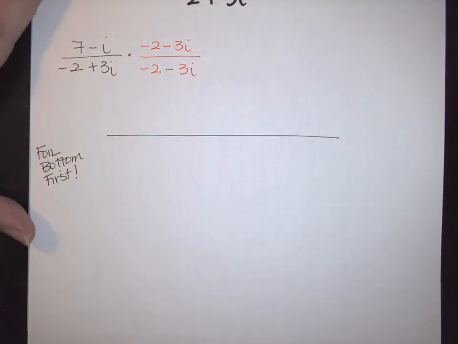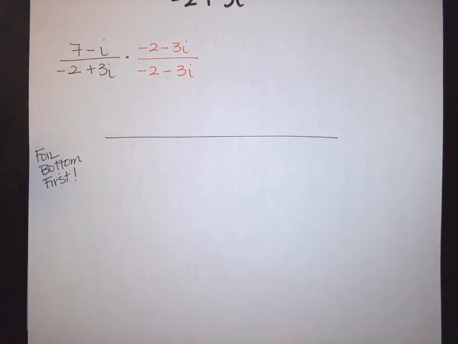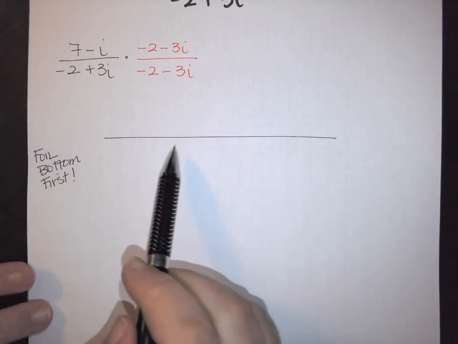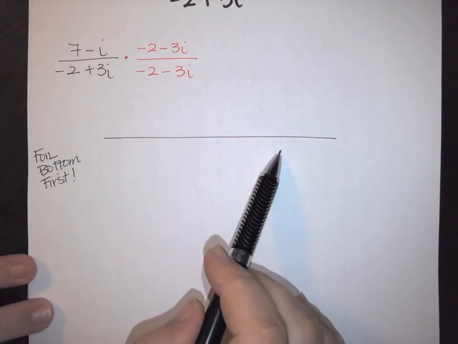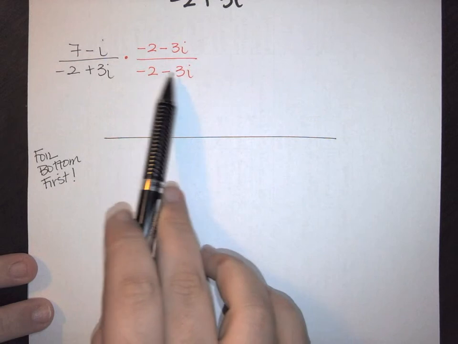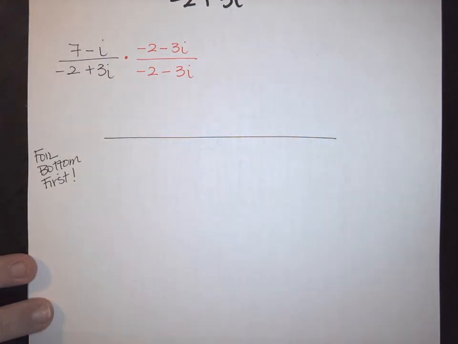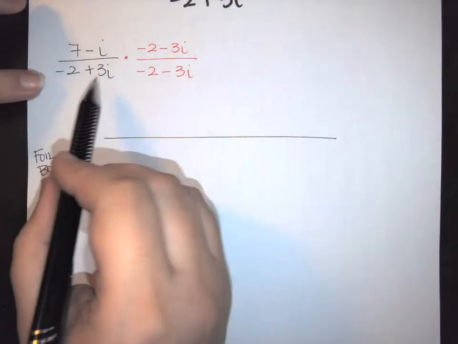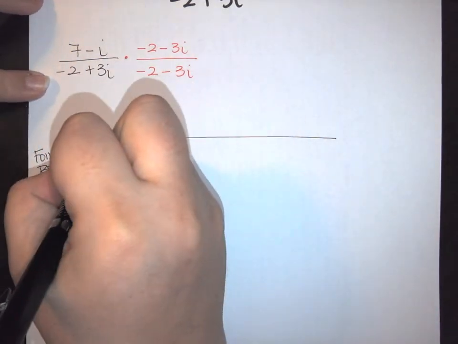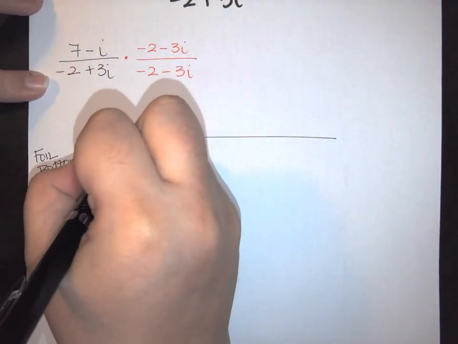Now the reason I would do that is because the whole point of doing this is to get rid of my i's in the denominator. So if I FOIL these two together and I'm left with i terms, then chances are I've made a mistake. So I'm going to start first. I'm going to have negative 2 times negative 2.